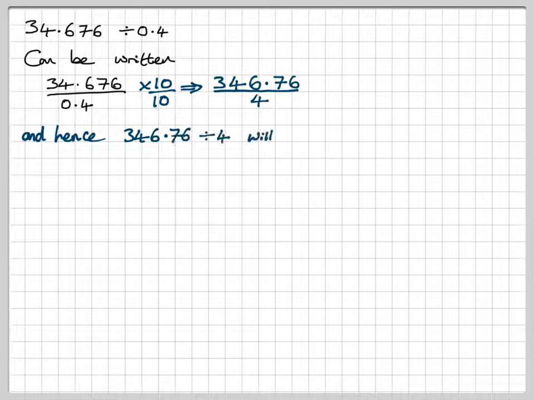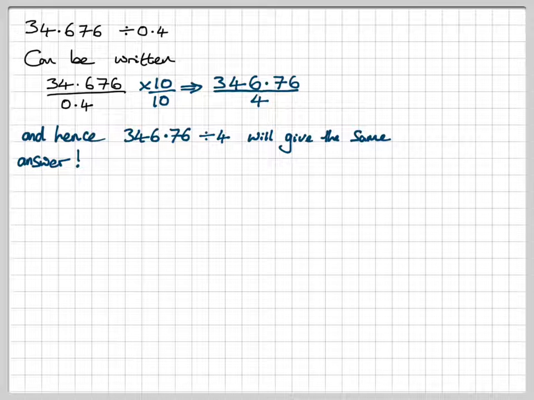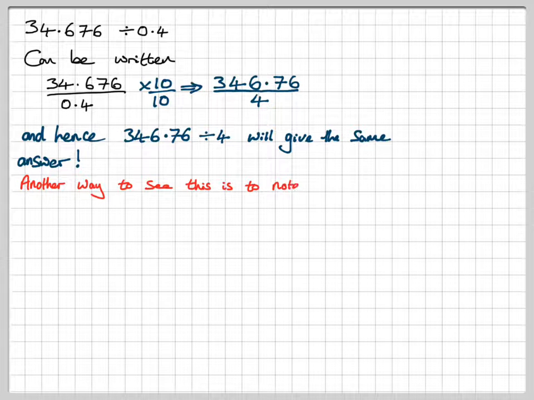And hence we can rewrite this as 346.76 divided by 4, and this will give us exactly the same answer as the problem that we originally started with. Have a think about why that's worked. There is an alternative way of thinking about this, so let's see how else we could work through this problem.